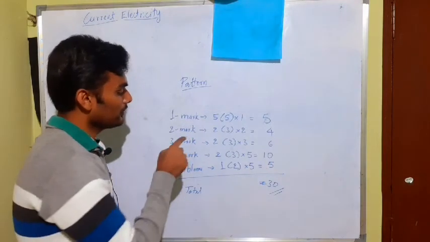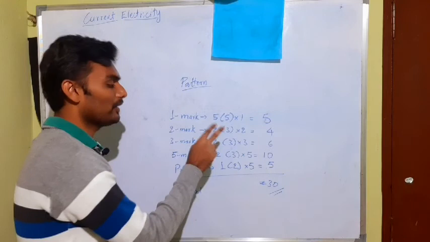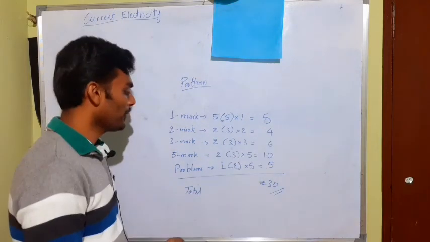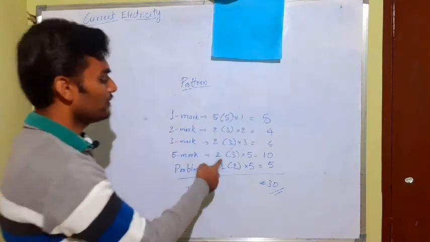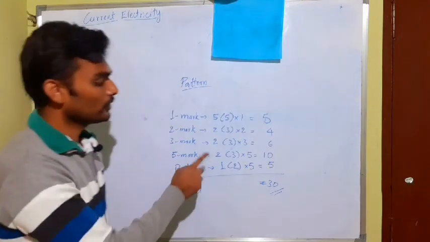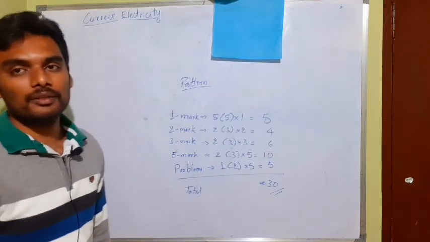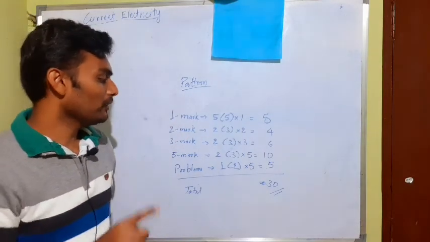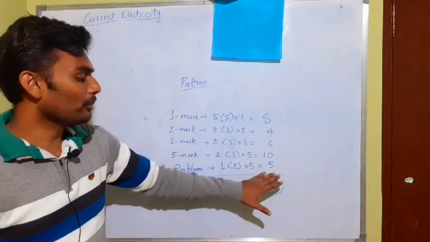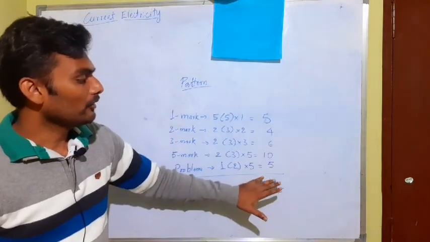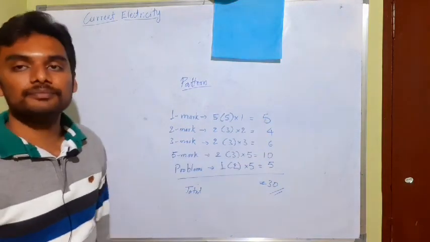Again, 3 3-mark questions, out of which you need to answer 2, so 6 marks. 3 5-mark questions, out of which you should attend 2, so 2 fives is 10. And you'll have 2 problems given, out of which you should attend 1, so 5 marks from the problems. All of them put together, 5 plus 4 plus 6 plus 10 plus 5, a 30-mark test.